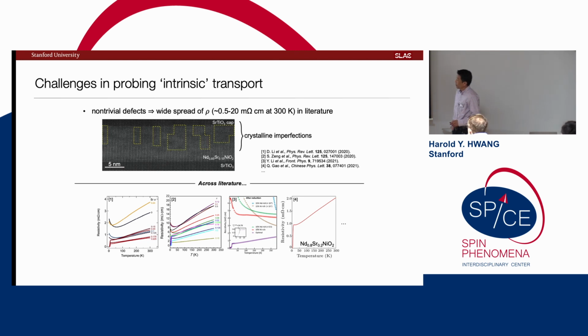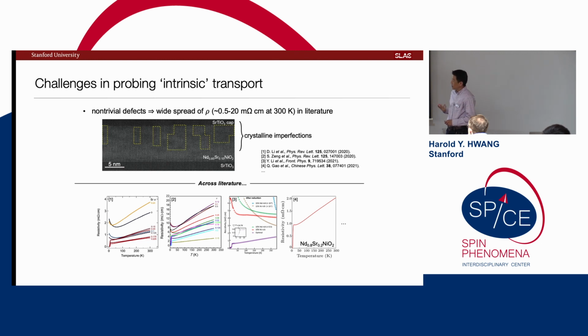Okay? The problem for our community is to probe what we think is intrinsic transport. If I go back to the type of view graph I showed you before, we are stabilizing this sandwich by a substrate and the same material on top. I show you here more explicitly in dotted yellow lines extended defects that were, I think, all growing or forming in these materials.